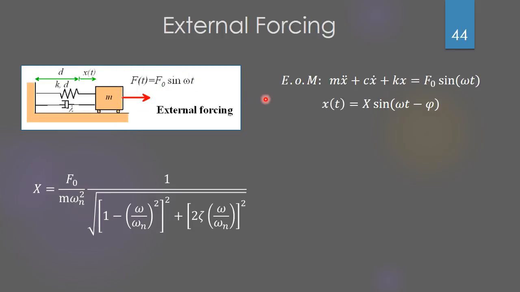As we can see in the system over here, this system gives us this equation of motion. And this is the solution for the steady state of the equation of motion.